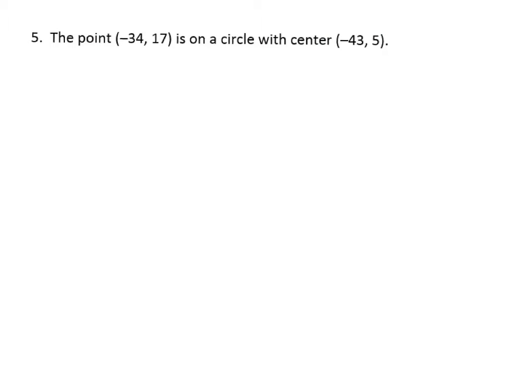Now the next problem is a little bit more complicated. They do give me my center, which is (-4, 3.5), so I do have my h and I do have my k. But the problem is I don't know my radius right now. Well, they do give me another point that's on the circle. Remember, to get your radius, you need the distance from the center to any point on your circle.